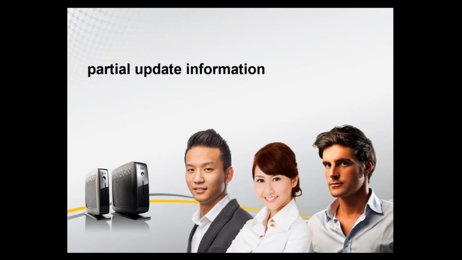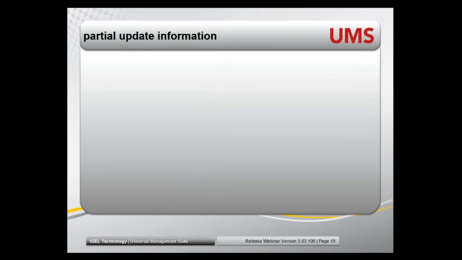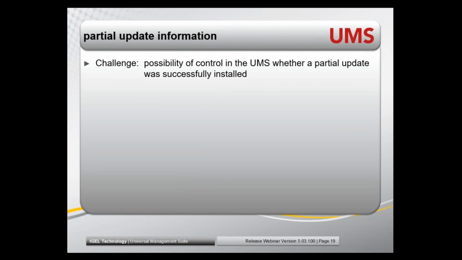If you ever used partial updates for software or driver installation or even certificate installation for Windows 7 thin clients, or even for Windows devices which are using our universal management agent, we created this partial update information.